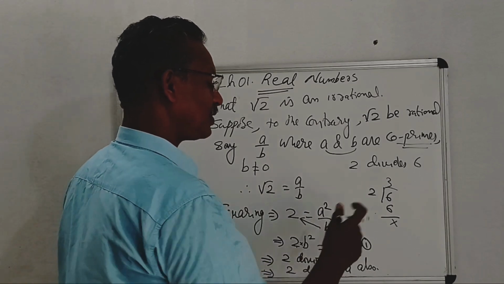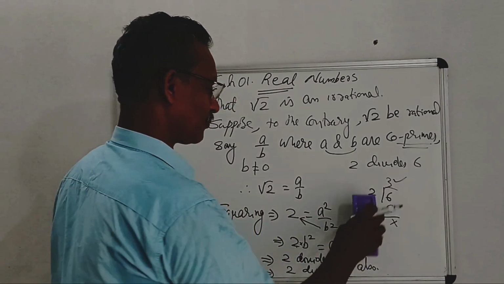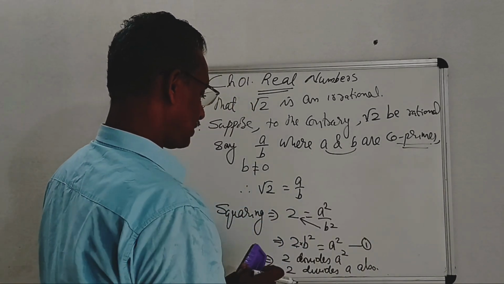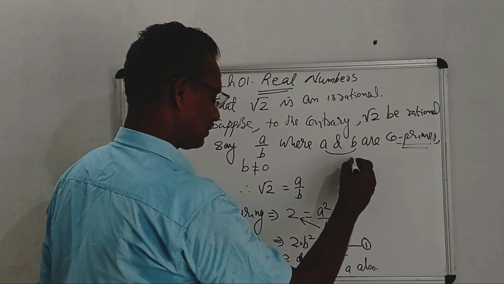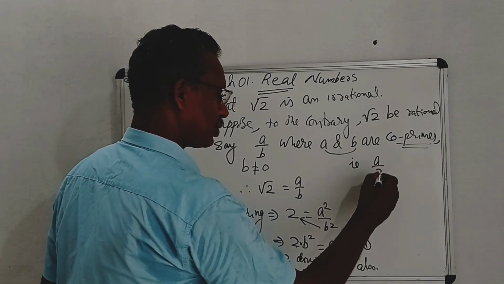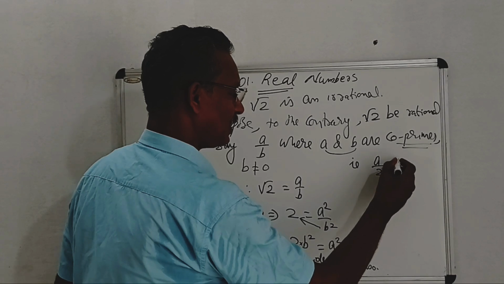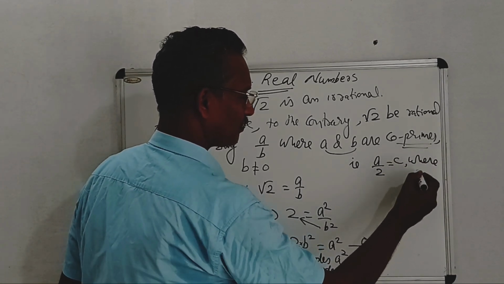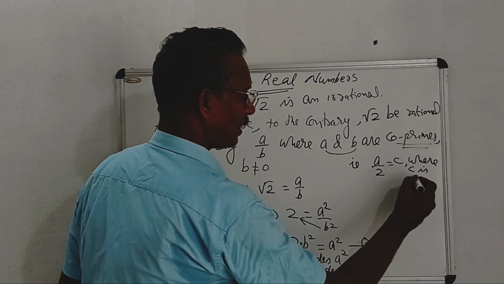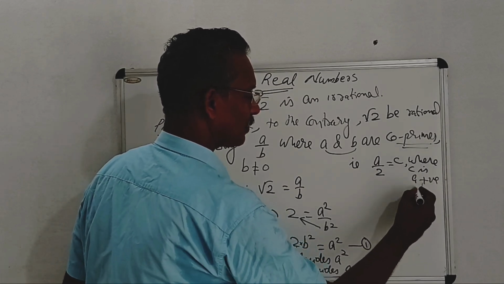We are getting an integer quotient. So here it says 2 divides a. That means a divided by 2 is an integer c, where c is an integer, or a positive integer.